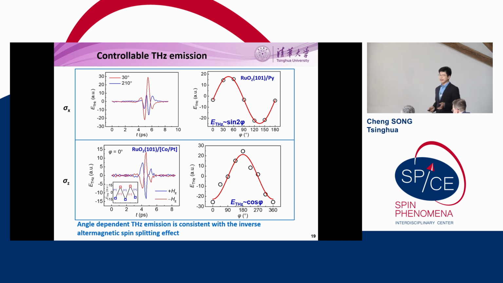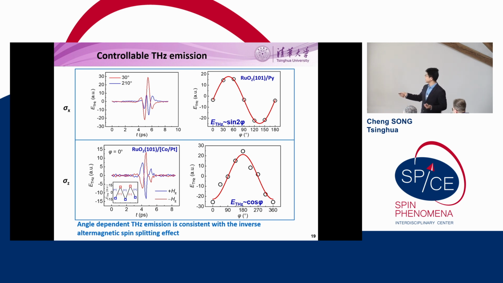Also, this effect can be measured by terahertz emission. For example, for the terahertz emission at 30 and 210 degrees, there are two different signals. One is from the inverse spin splitting effect. The other is the spin terahertz emission from ruthenium oxide itself. They are somehow opposite, because the spin splitting effect has the opposite signal while ruthenium oxide itself has the same signal, so the signals are not completely the same.